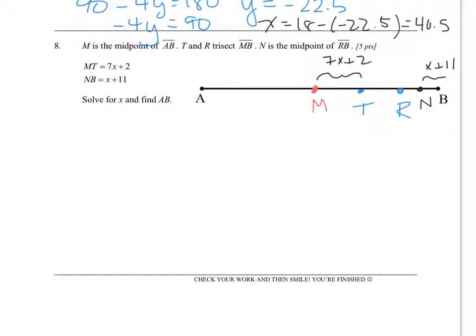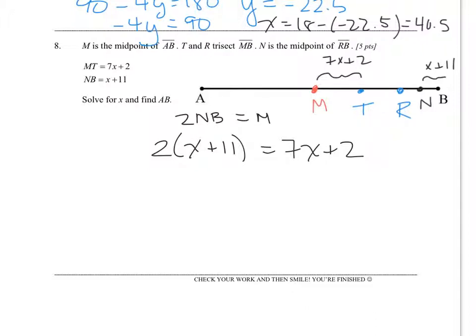So if we double NB, multiply it by 2, we should get MT, right? So if we double NB, we will get the length of MT. And then we just solve 2x plus 22 equals 7x plus 2, so 5x equals 20, and x is 4.